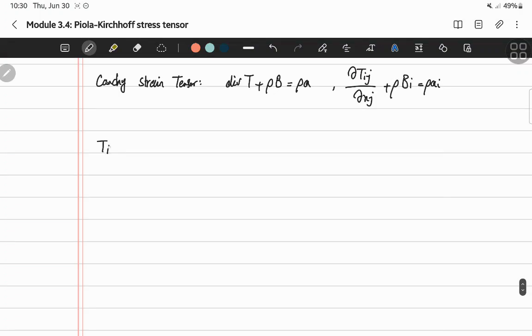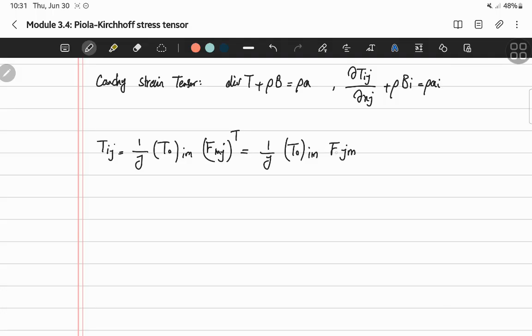So we already knew that Tij is equal to 1 divided by J, and here J refers to the Jacobian, T0 im f mj transpose, and it's just the equation that we derived above. So basically I can rewrite this as 1 divided by J T0 im, and f mj transpose becomes f jm.